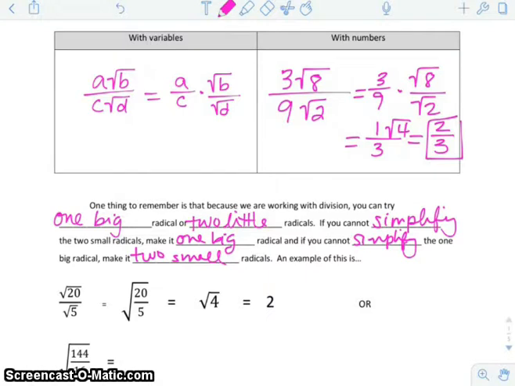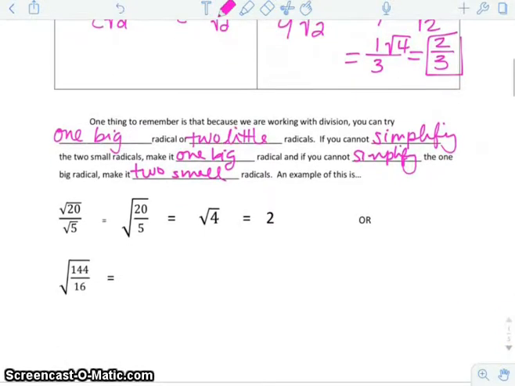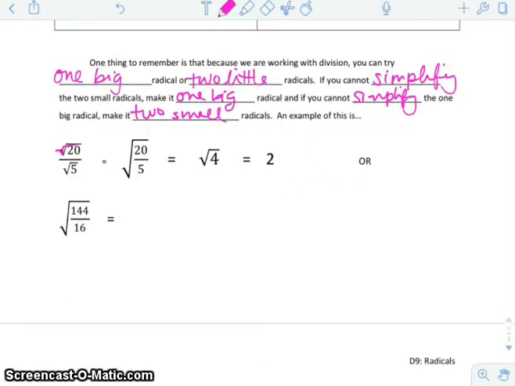An example of this can be seen below. It says radical 20 divided by radical 5 is equal to, notice how I went from two small radicals, one in the numerator, one in the denominator, to one big radical that fits over top of the numerator and denominator, because 20 divided by 5 gives me 4, and the square root of 4 simplifies to 2. Or I start with one giant radical and the entire fraction inside, and I can split it into the square root of 144 divided by the square root of 16.